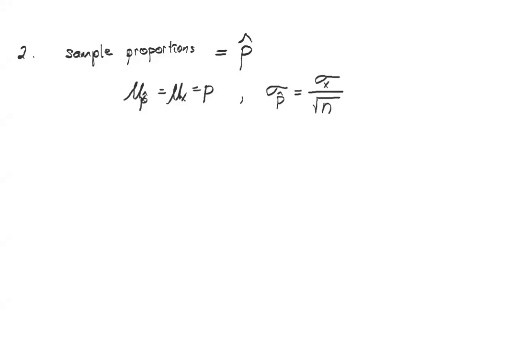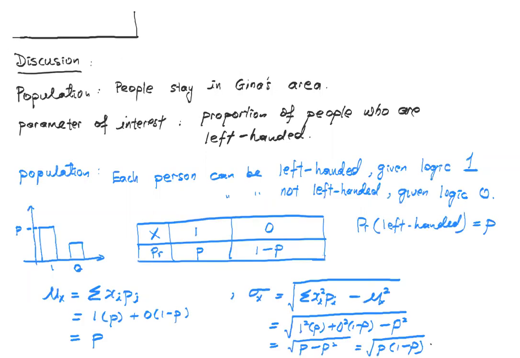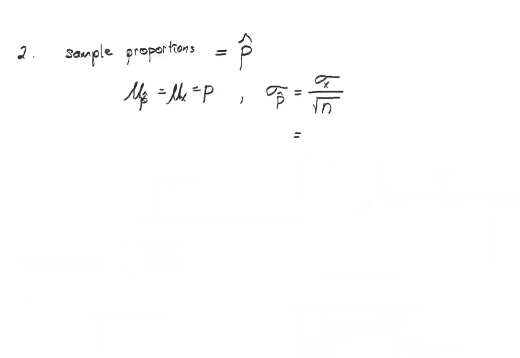We know that this is the population proportion. So I substitute into here. Both also have square root, correct? So how will I write it?